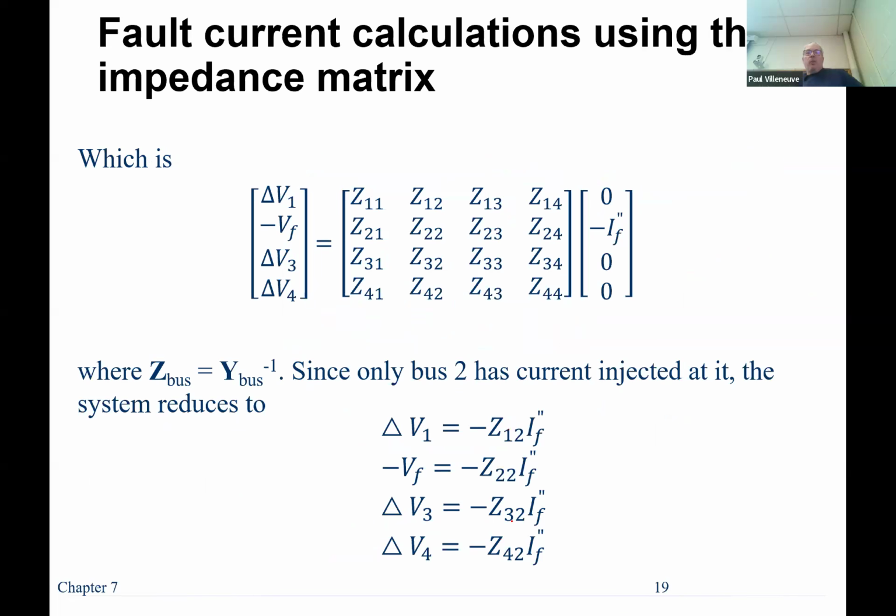So now I can just pull out all the relevant stuff because I got a bunch of zeros everywhere except for at bus 2. So now I can see that the change in voltage at bus 1 is negative Z12 times the fault current. The fault, you don't even have to calculate this. Why is that? Why do I not even need to calculate this?